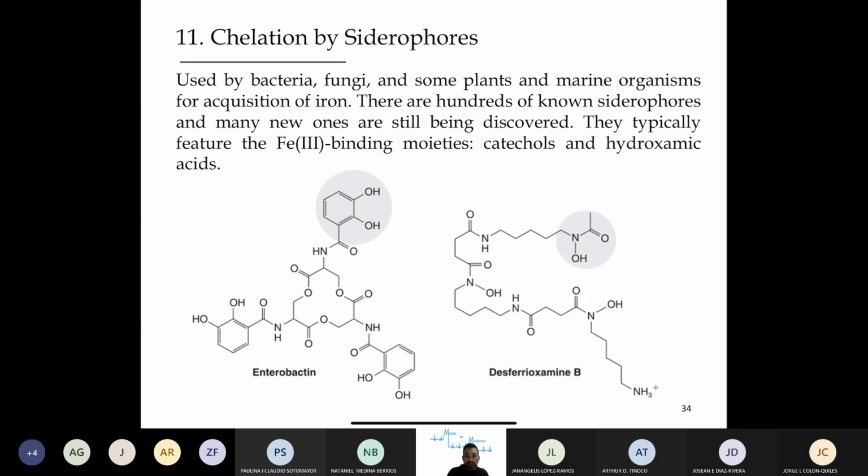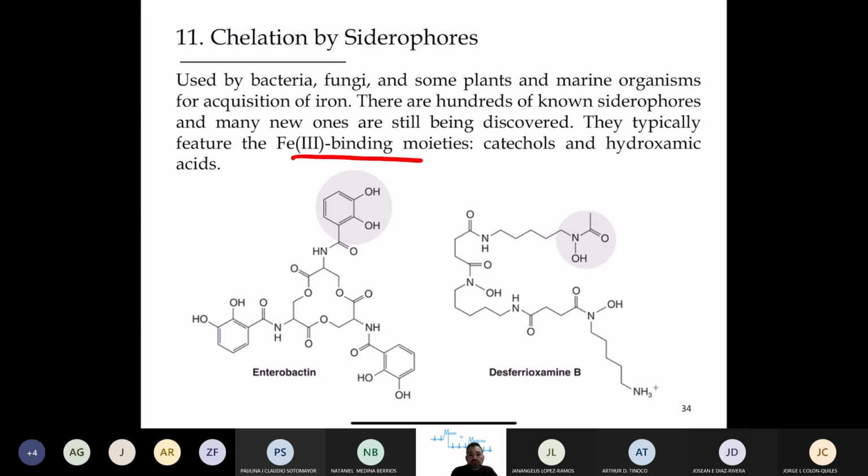They can be used by bacteria that produce them, fungi, some plants, and marine organisms. The function of these molecules is to acquire iron and facilitate its transport. It turns out that there are hundreds of known siderophores, and people are still trying to explore additional ones, especially as people are trying to understand iron processes within different organisms. And so I'm going to just highlight a few important iron binding moieties.